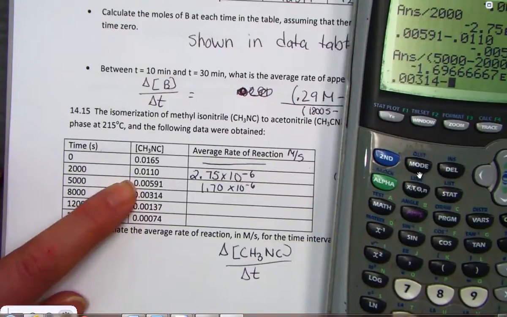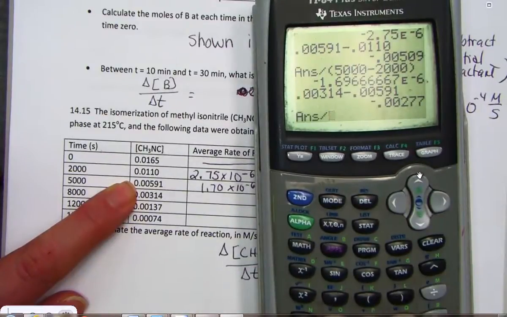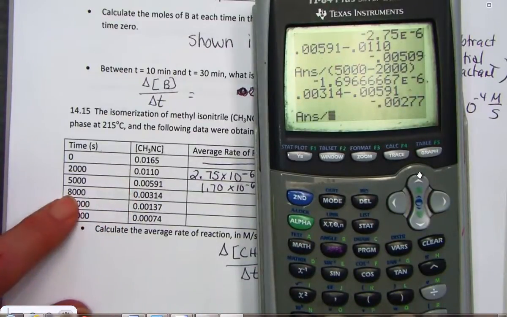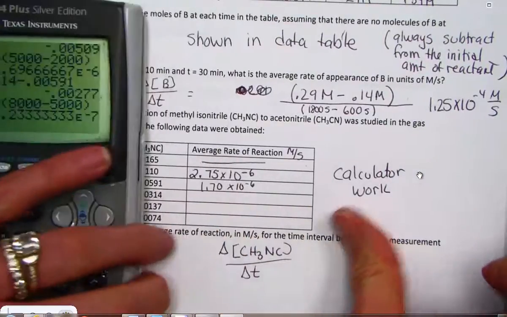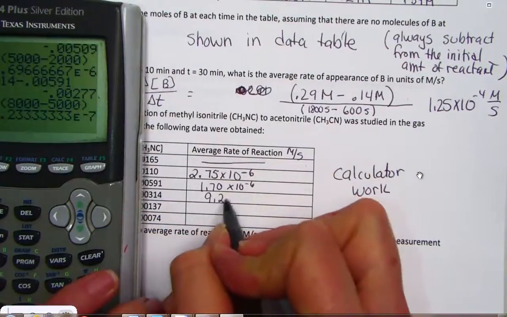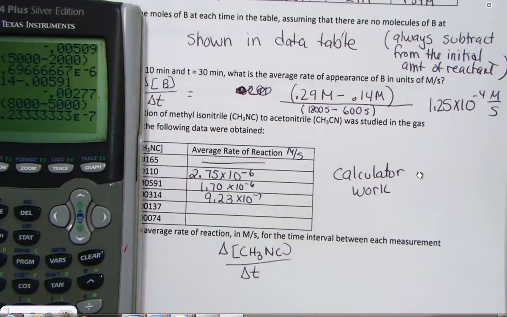0.00314 minus 0.00591, divided by the time interval of 8,000 minus 5,000. And its average rate is now coming out to be 9.23 times 10 to the negative 7th molarity per second.